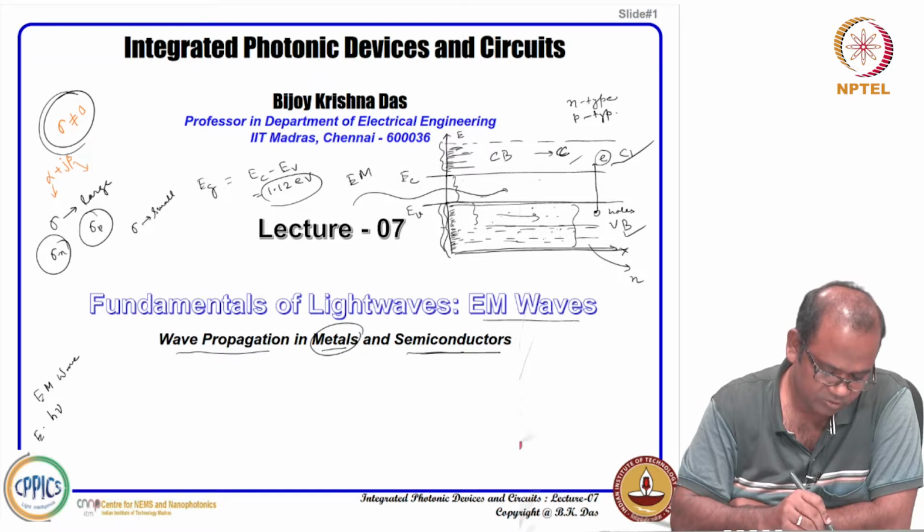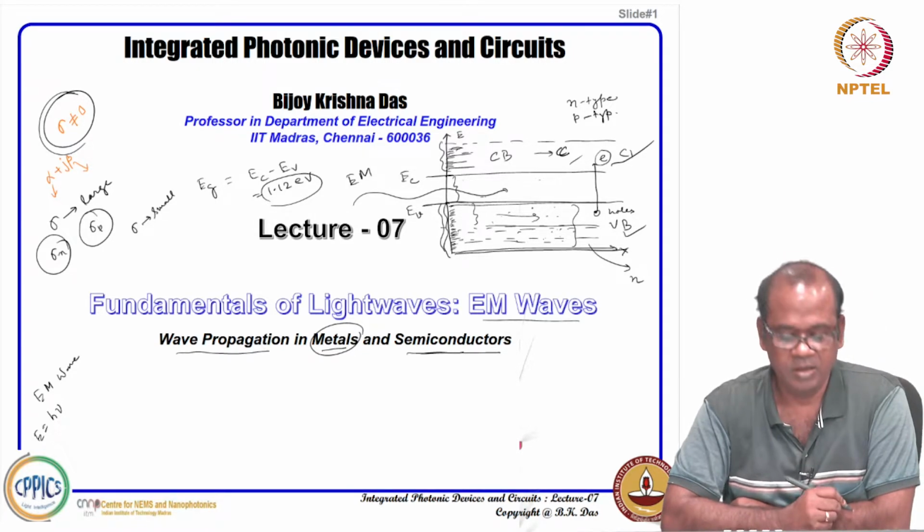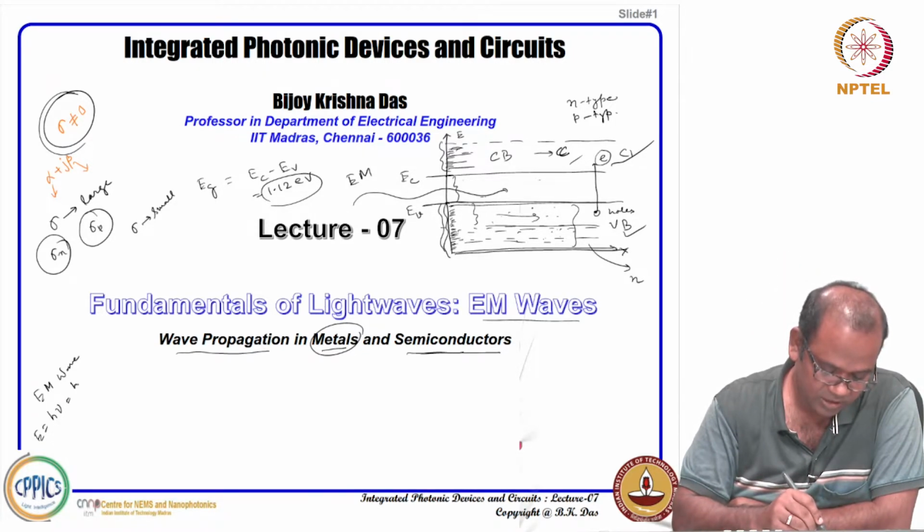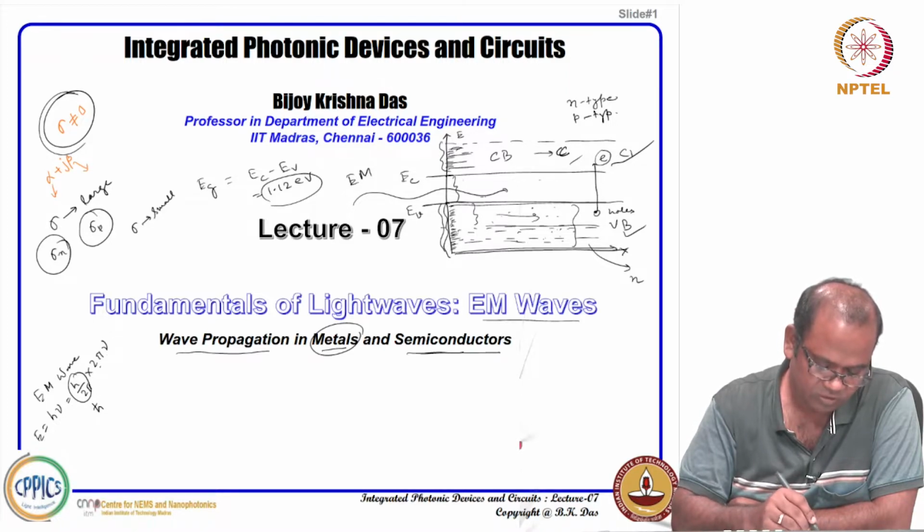Sometimes you can write h by 2 pi times 2 pi nu, and h by 2 pi we call h bar, and 2 pi nu means angular frequency omega. So, h bar omega is the energy of a photon.